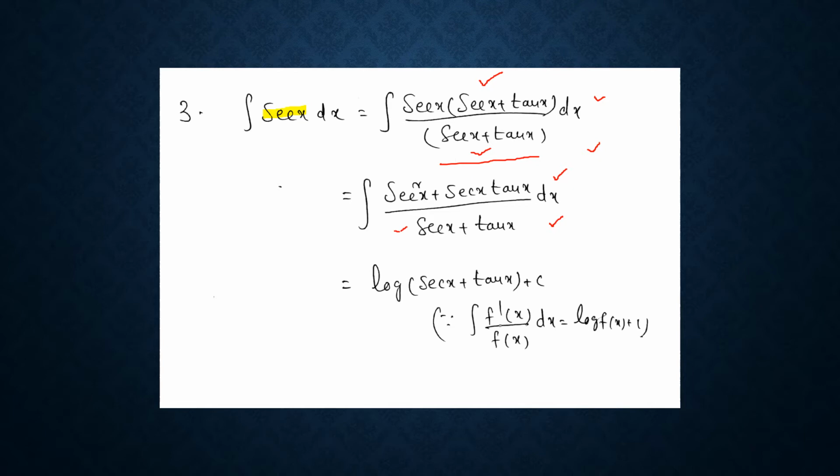So in the numerator we can see this whole function, secant square x plus secant x into tan x. So this is in the form of f dash x by f of x dx, which is equal to log f of x. It is log secant x plus tan x plus c. Therefore, integral secant x dx is equal to log of secant x plus tan x plus c.